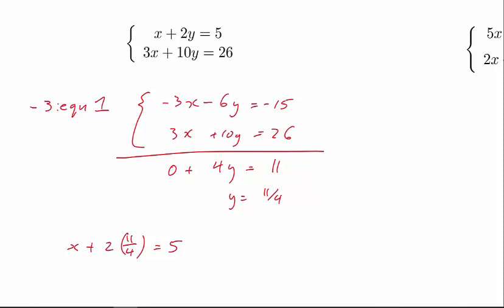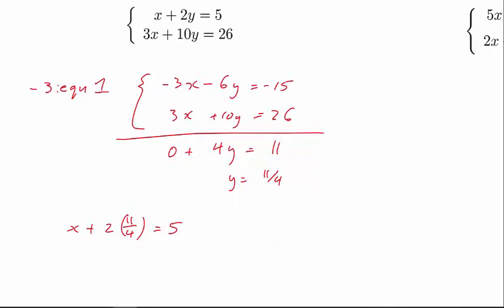Let's get rid of the 4 in the bottom by multiplying both sides by 4, so we have 4x plus 2 times 11, sorry, 4x plus 22 equals 20.